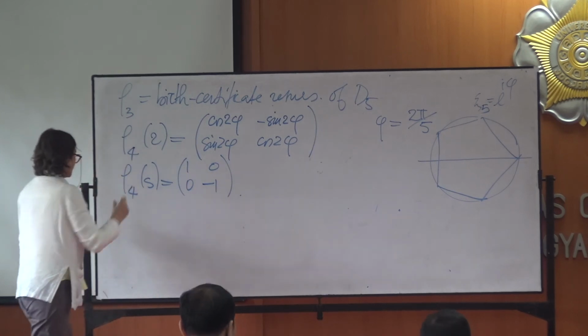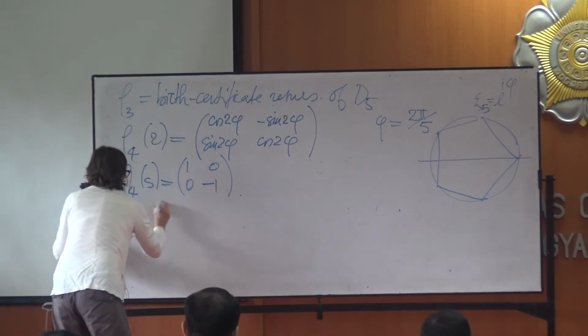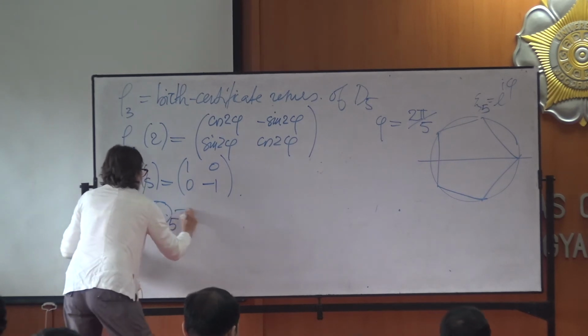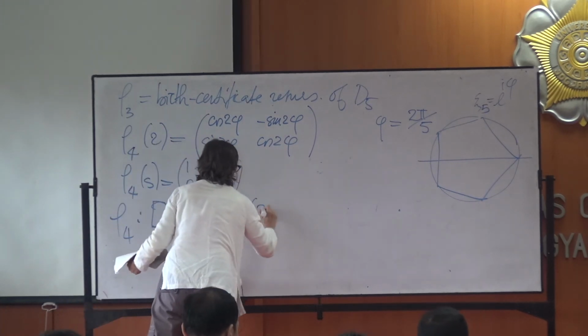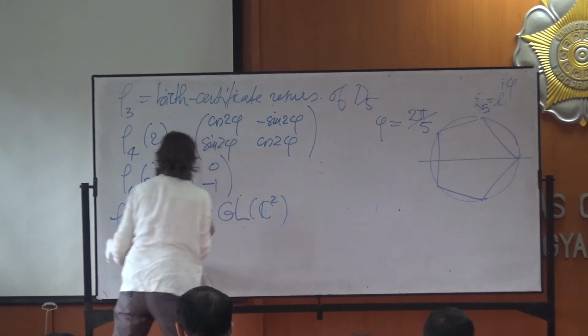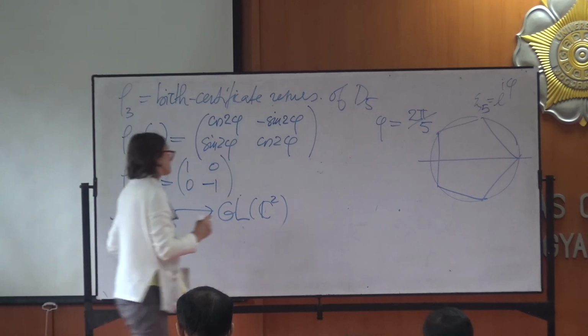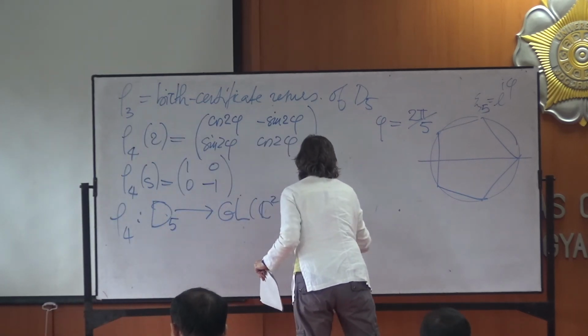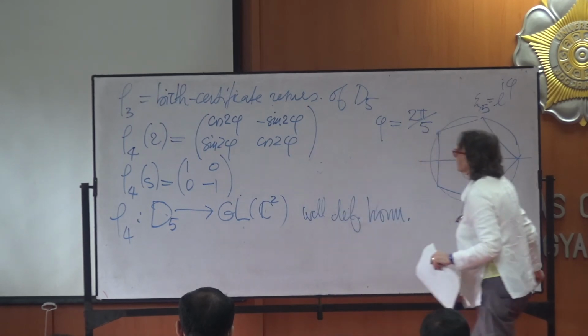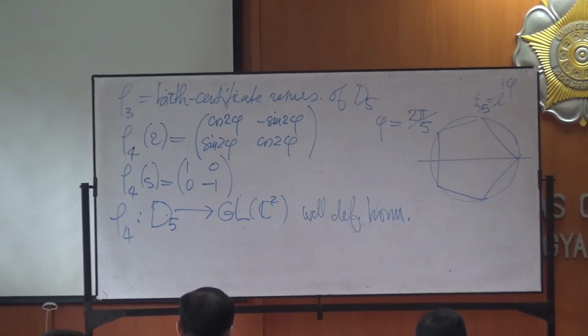So rho 4 from D5 to GL of C2 is a well-defined homomorphism. And we can compute the characters.